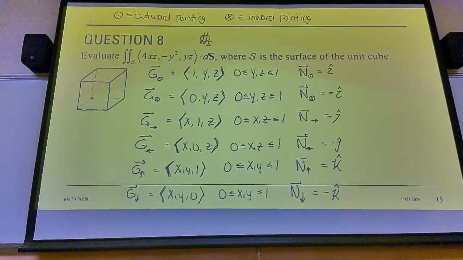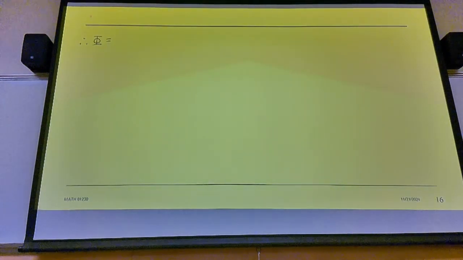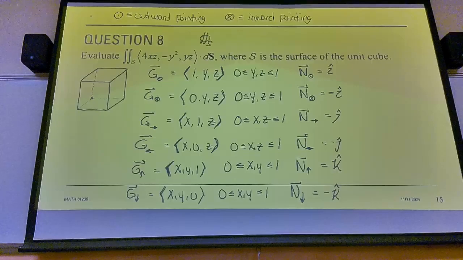On the other side, x is 0, so that whole thing's 0, which means we have no flux through the bottom. So the second half of each of the negative facing ones are all going to be 0. Ignore that, we're not going to write out that one.